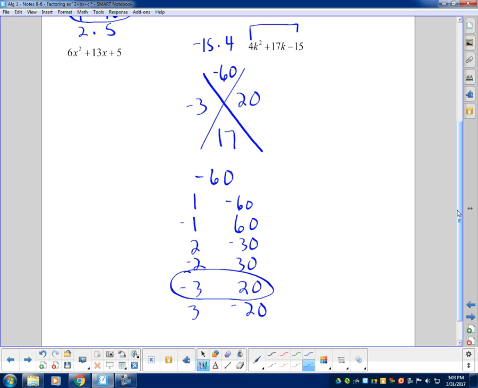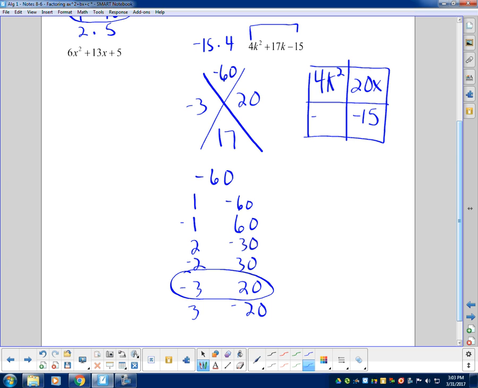So that's the X part of this factoring method. Draw our rectangular box. We're going to label this 4k squared in the top left, negative 15 in the bottom right. 20x and negative 3x will take the place of our, oh, it's not an x, it's a k, take the place of our 7k.